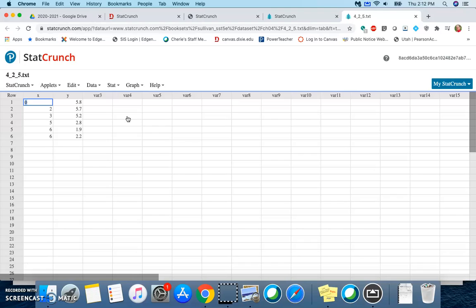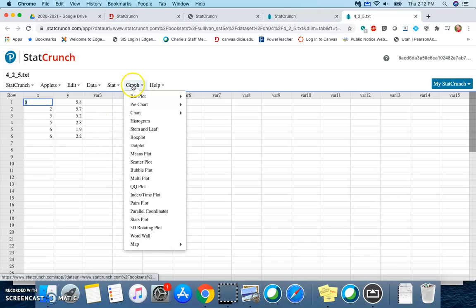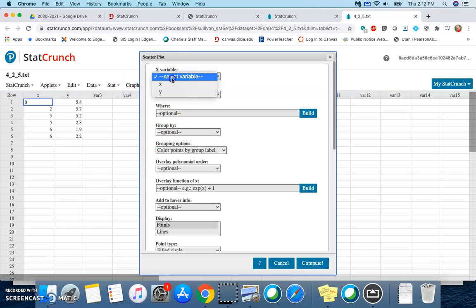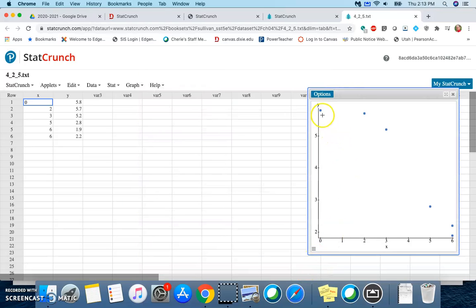Okay, so now we've got all of our data here in StatCrunch, and we're going to draw a scatter diagram. So here's our scatter plot. Our explanatory variable is X, and Y will be our response variable. Compute, and we can see here is our data in a scatter plot.